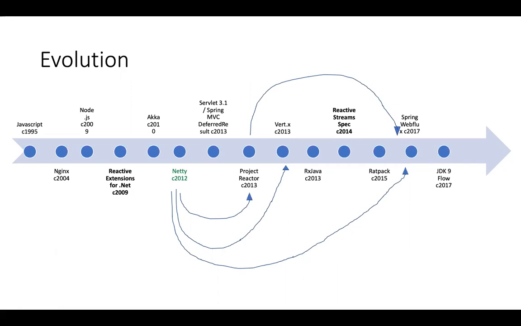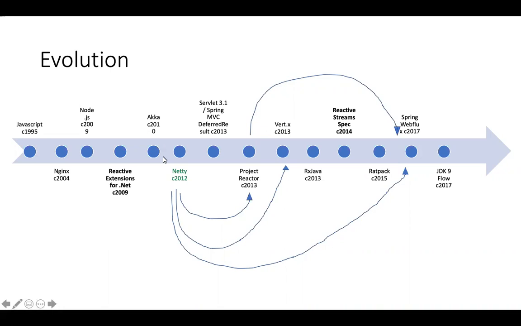Then we had Nginx, and these things have been going on for such a long time, but the ideas have remained similar, and they have been built on top of each other. After Node, we got reactive extensions, which is the major breakthrough. Here reactive extensions is the first framework where we actually got to glimpse the current reactive paradigm.